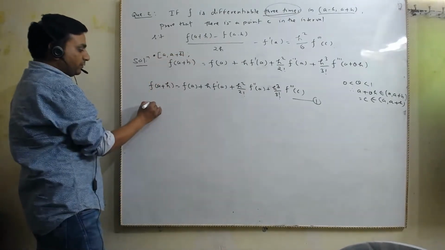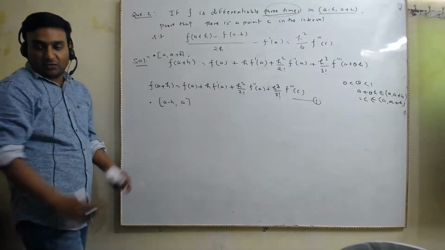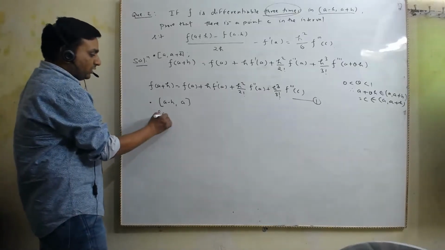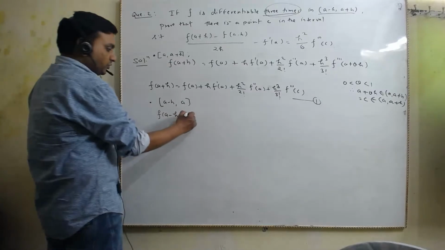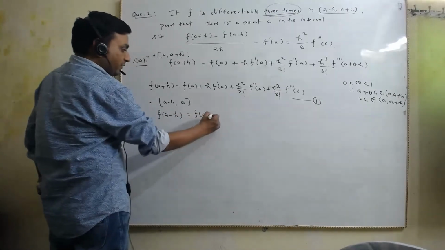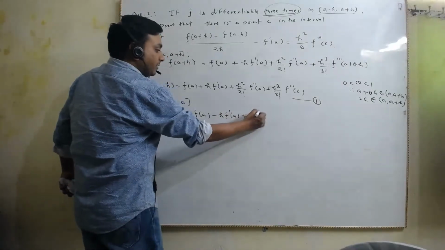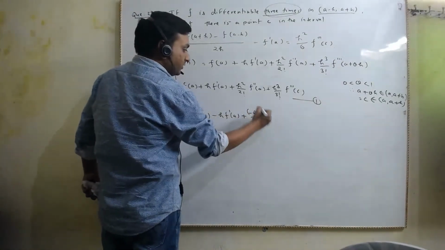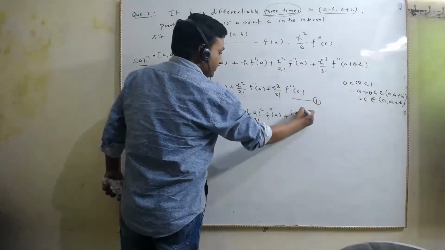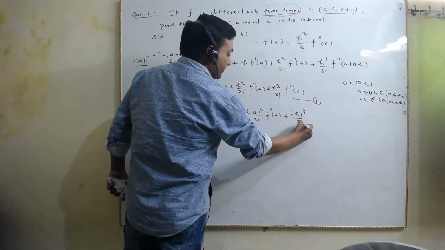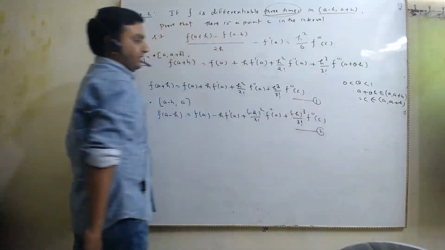If you work within the interval a minus h to a, the same expansion you can carry on with minus h in place of h. So this can be written as f of a minus h into f dash a plus (minus h) whole square f double dash a plus (minus h) whole cube divided by factorial 3 f triple dash c.